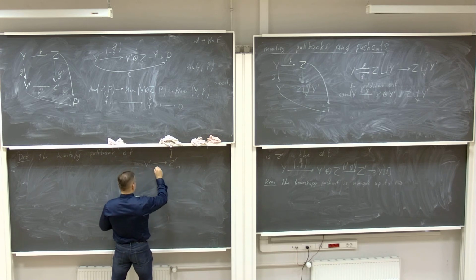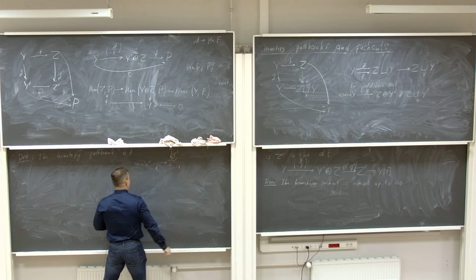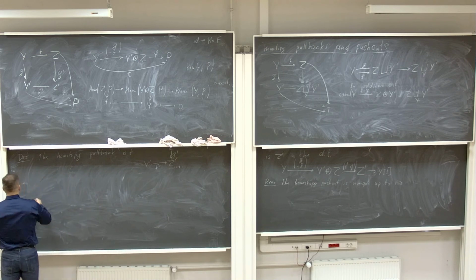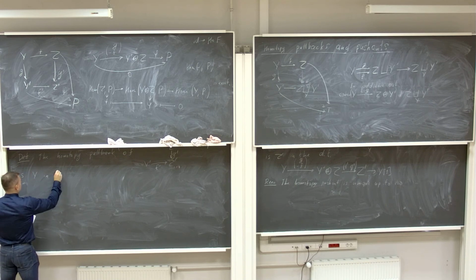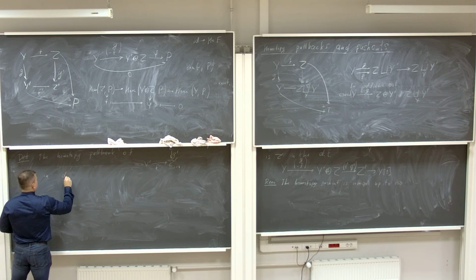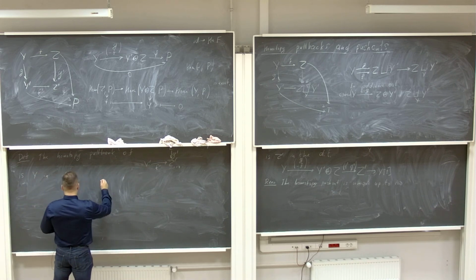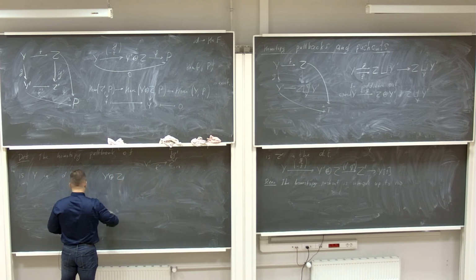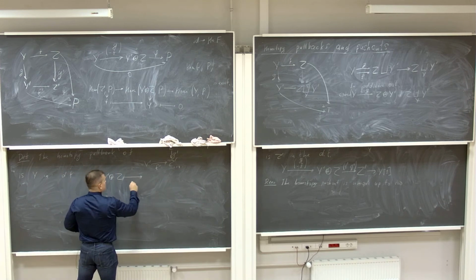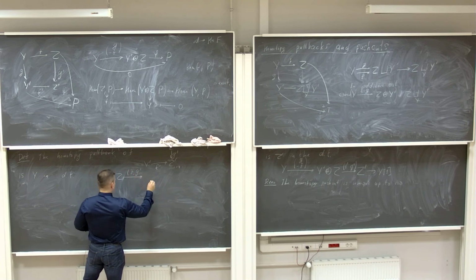So the first map is called f prime, and the second map is g prime. So what's the homotopy pullback of this diagram? So this is y in the distinguished triangle of the form. So I have y prime plus z, and this is mapped using f prime and g prime to the object z prime.